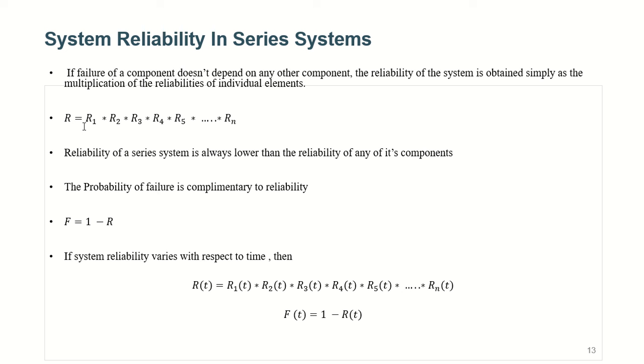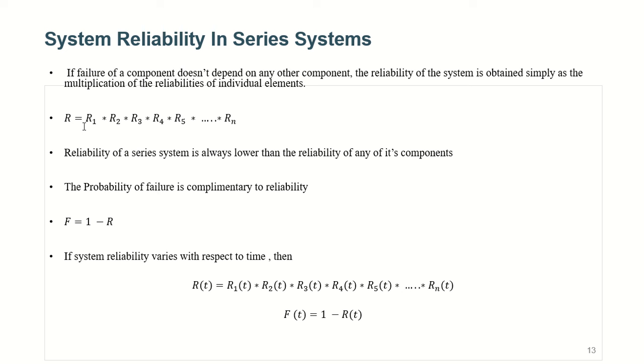In the same way we can calculate the failure rate, or probability of failure. Again we calculate the reliability at that instant for my whole system, and then subtract it from 1, and by doing that we get the failure rate or probability of failure of my system for that time instance.